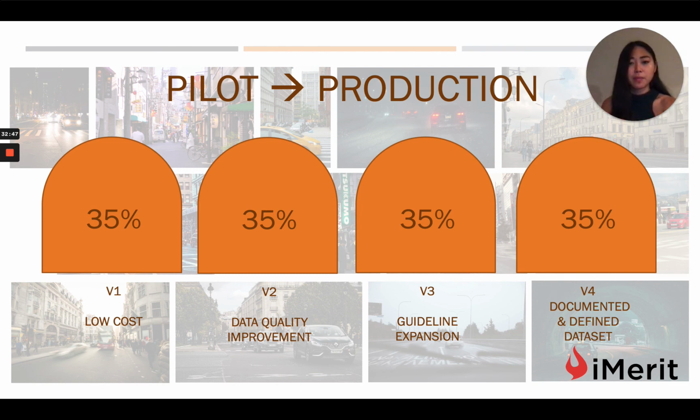So this is kind of the pilot to production process, and of course you can go through this in many different iterations. So this is making the most out of your data set because you can have multiple uses with the same 35% of the data. You can have the quick and dirty pilot. Maybe your sales engineer needs to pitch something to the client now, and you'll be able to produce something relatively quickly.